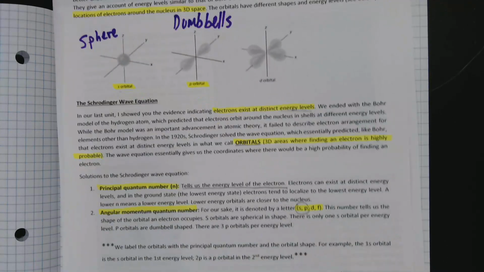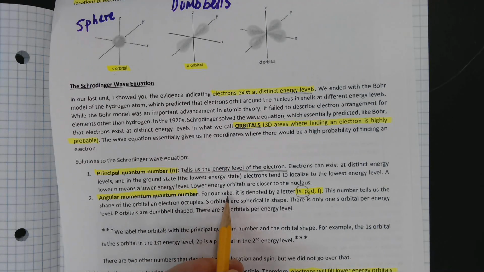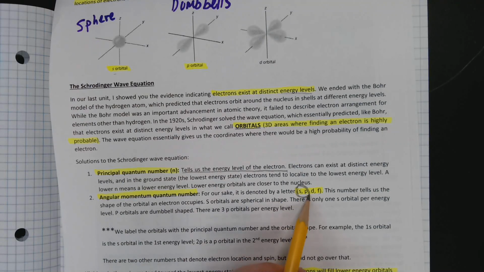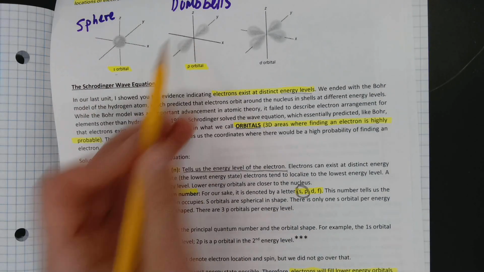There's also something called the angular momentum quantum number. Now, these sound like big words, but basically what this does is it tells us the shape of the orbital. There are 4 different orbital shapes that we know of: S, P, D, and F. We're going to be focusing specifically on S and P orbitals. Again, S orbitals are spheres, P orbitals have a dumbbell shape.